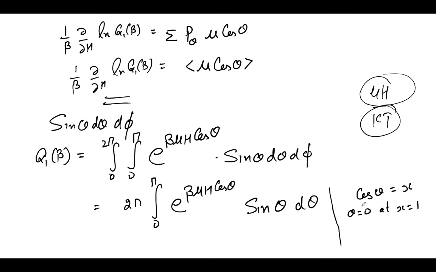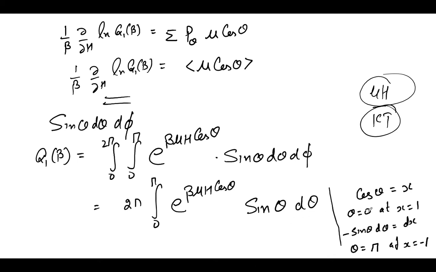If I take the derivative of cos theta, that is minus sine theta d theta, which will be equal to dx. Now if I put theta equal to pi, at that time x will be equal to minus 1.